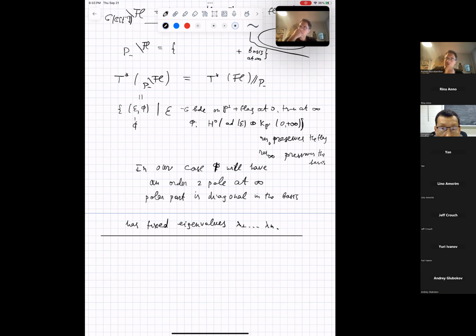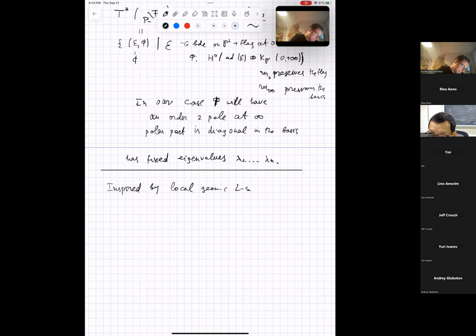I can just advertise some other constructions involving this Springer, I mean, this particular Springer fiber. Okay, maybe I'll just say something about the next paper. So this is some equivalences inspired by local geometric Lagrangians.